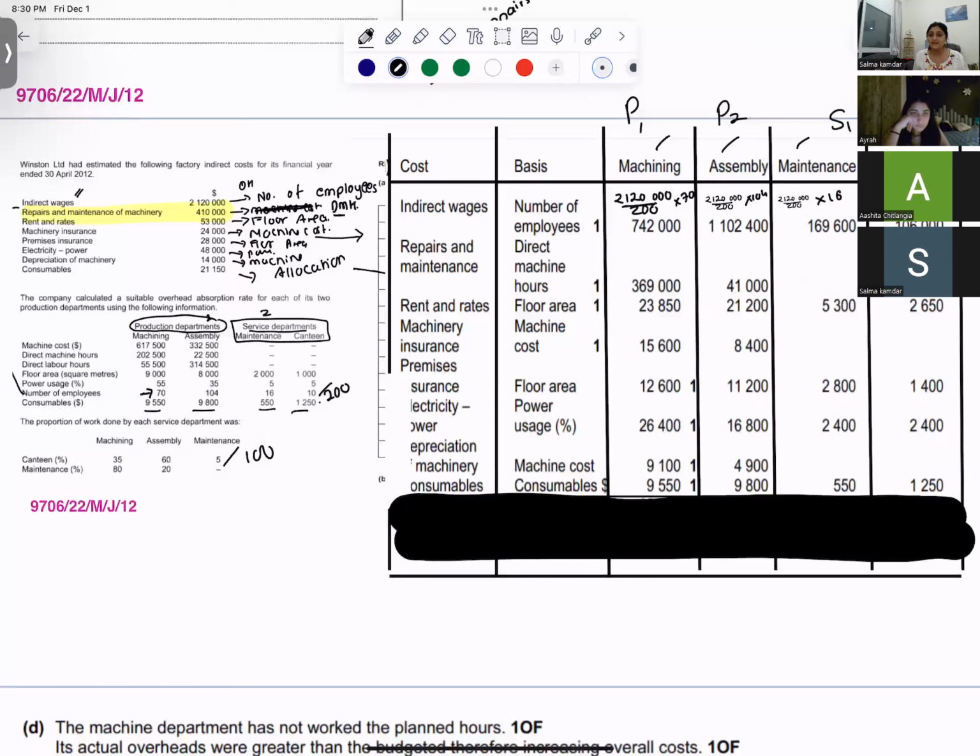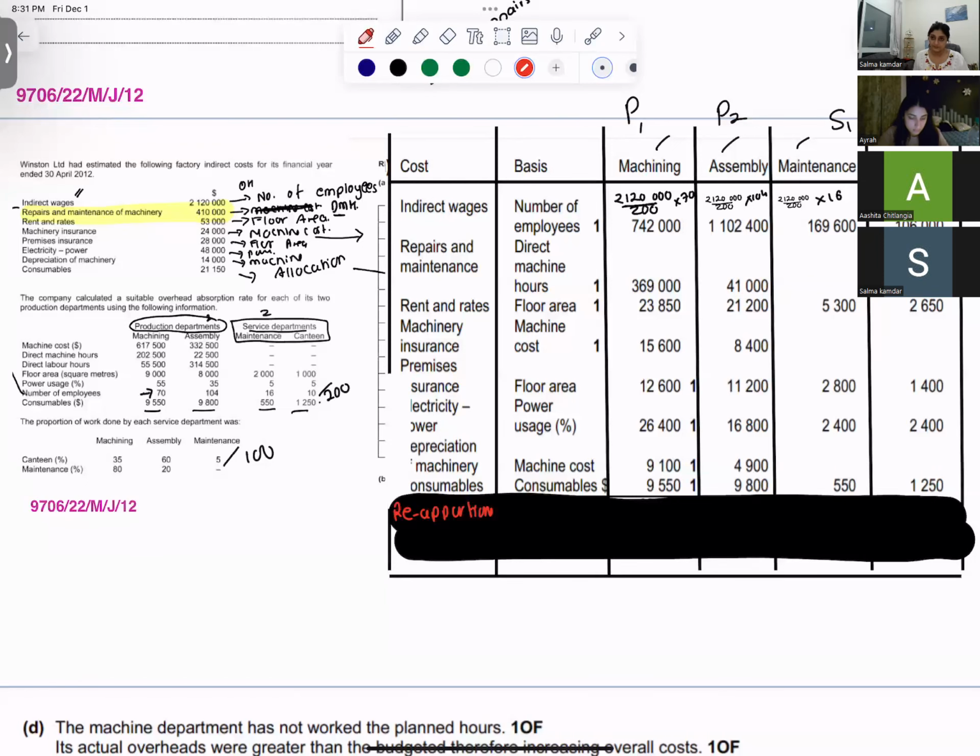So can you tell me the total of the canteen department? The entire cost of the canteen department is going to get reapportioned between these departments on a suitable basis.